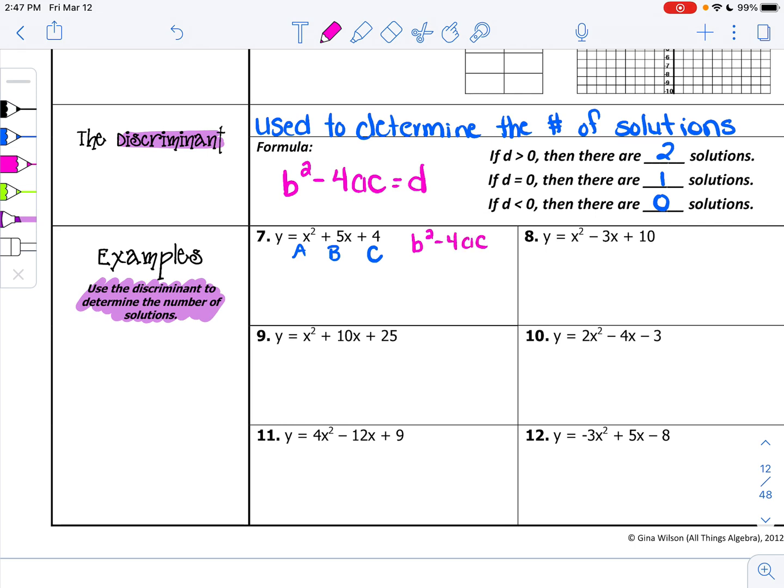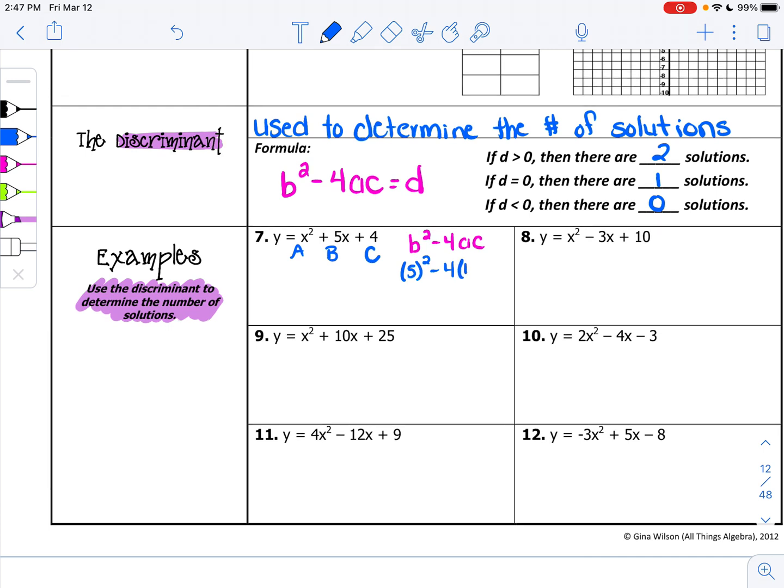We're just going to replace all of our variables with the values, remembering to put them in parentheses when we replace them. So instead of b, we're going to replace b with 5. So 5 squared, minus 4, instead of a, we know that a is 1. Instead of c, we're going to replace that with 4.